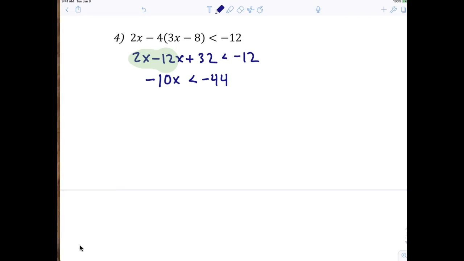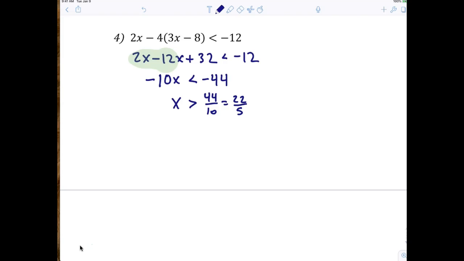All right. Now you make yourself a note. We're dividing by a negative, so we're going to switch the signs, right? So we have what? Is greater than. Now, I would prefer that you just say 44 over 10, which is 22 over 5. If you wrote 4.4, I'm not even worried about it.